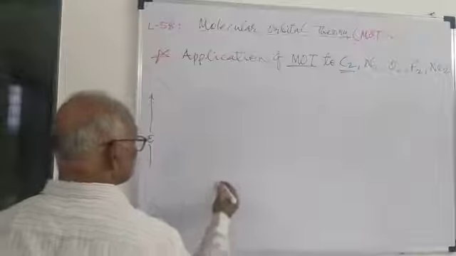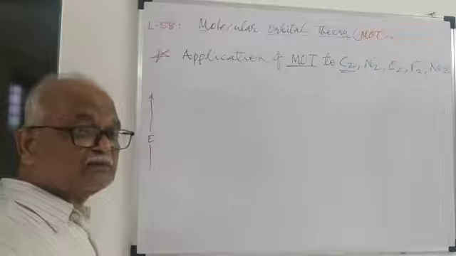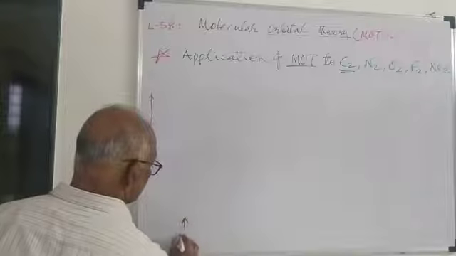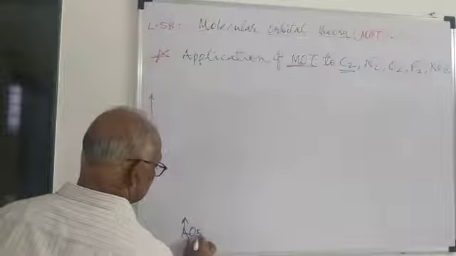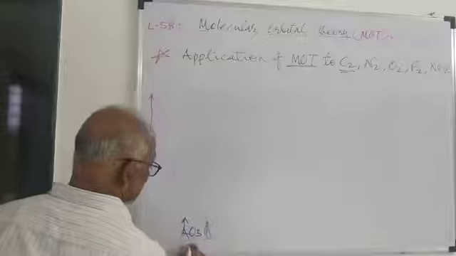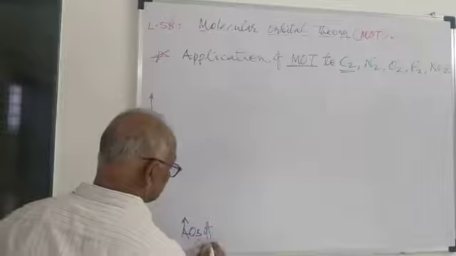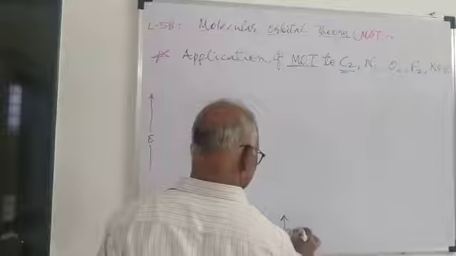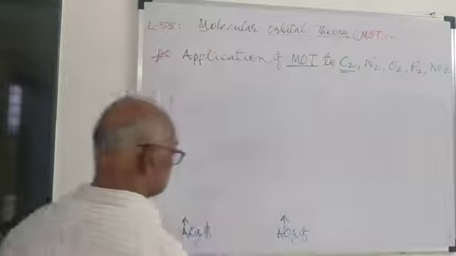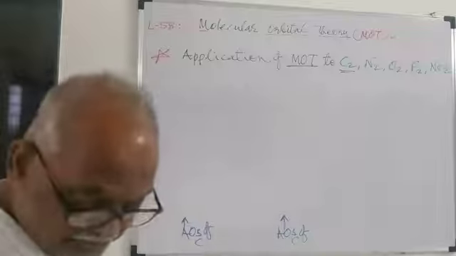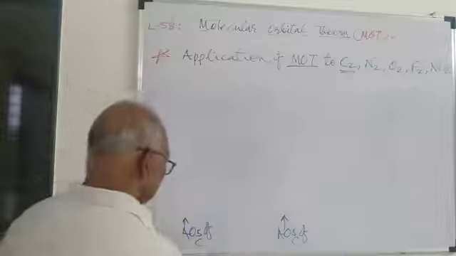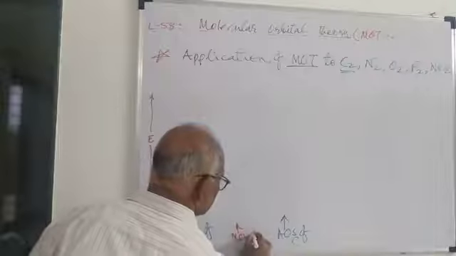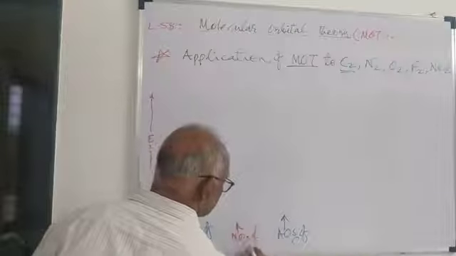These are the atomic orbitals of one carbon, here are the atomic orbitals of another carbon, and in between them you will have the molecular orbitals of the C2 molecule.